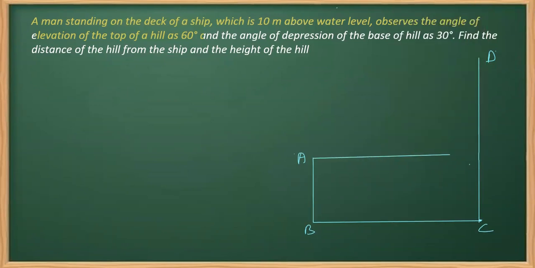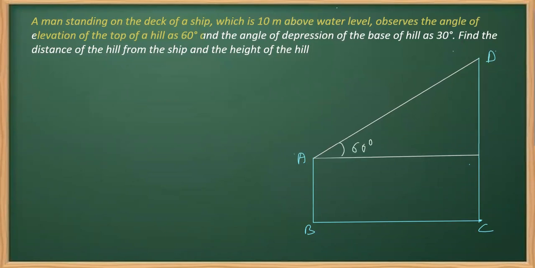So let's first make a horizontal here. This I made the horizontal. And the angle of elevation, which is from this point to the top of the hill, is found to be 60 degree. So this being the angle of elevation, which is given as 60 degree.